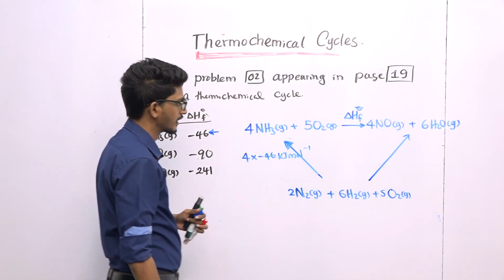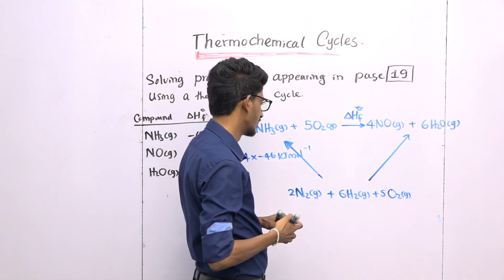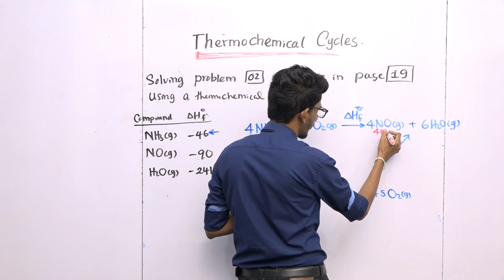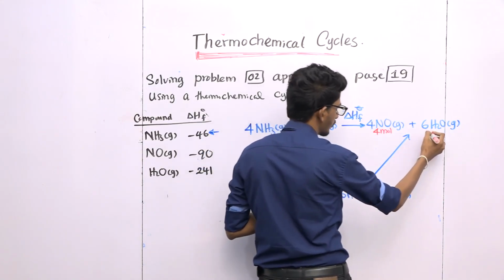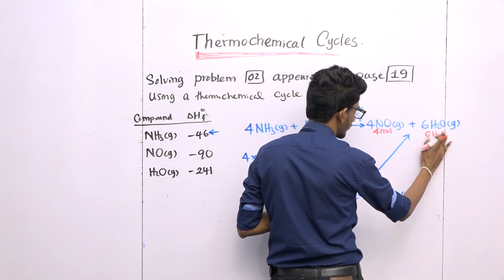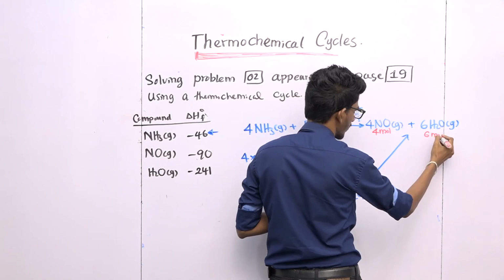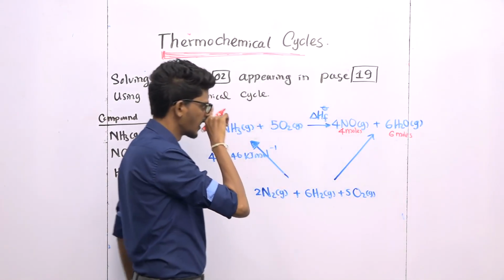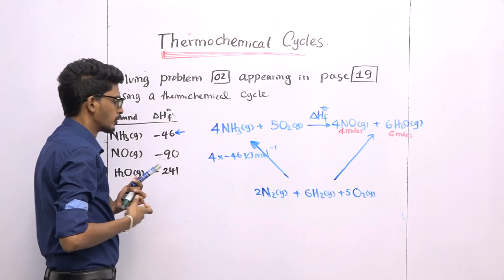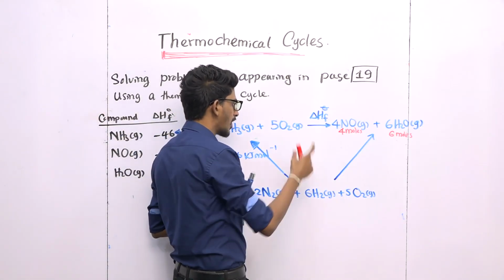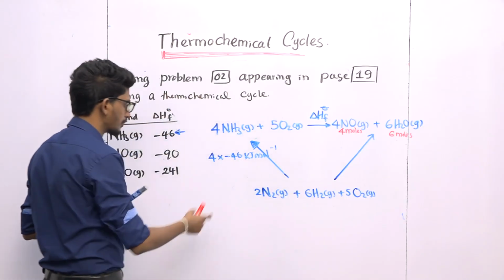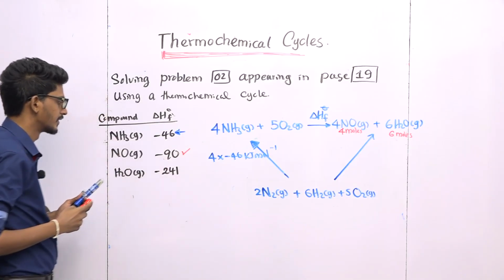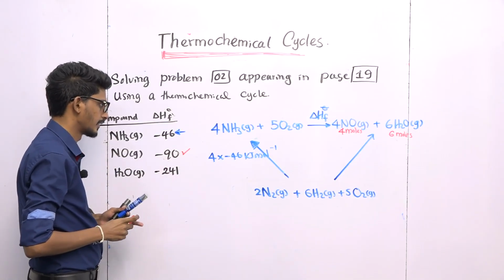Right? So let's do the conversion. When converting, we are supposed to produce 4 moles of NO gas and 6 moles of H2O gas. So to produce 1 mole of NO gas starting from the reference states, you need minus 90 kJ of energy change.